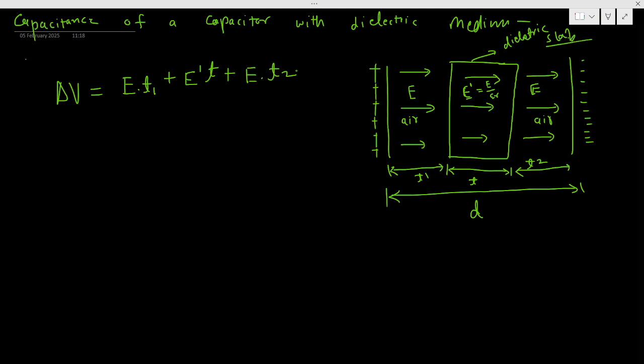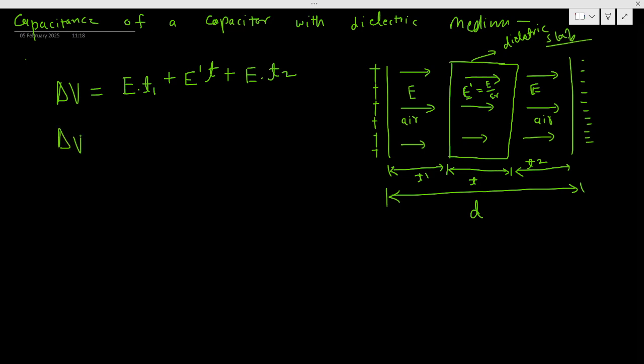If you have multiple mediums, you can write it for 10 mediums also, it doesn't matter. The potential difference is very simply electric field into distance. Now you can put in the values.